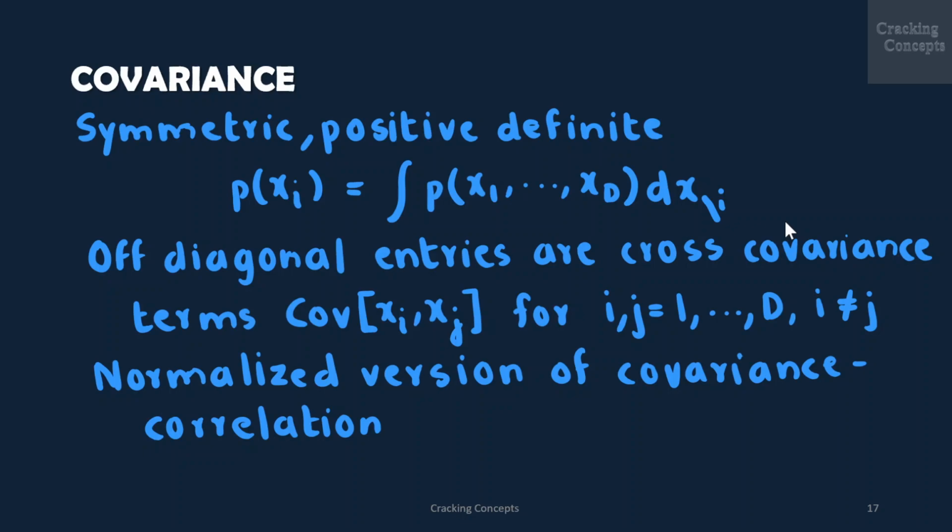When we want to compare the covariance between different pairs of random variables, it turns out that variance of each random variable affects the value of the covariance. The normalized version of covariance is called the correlation.